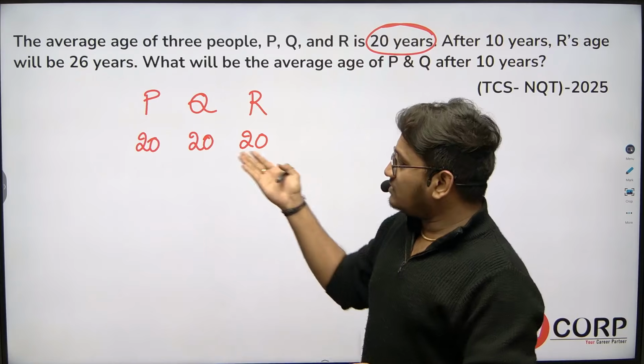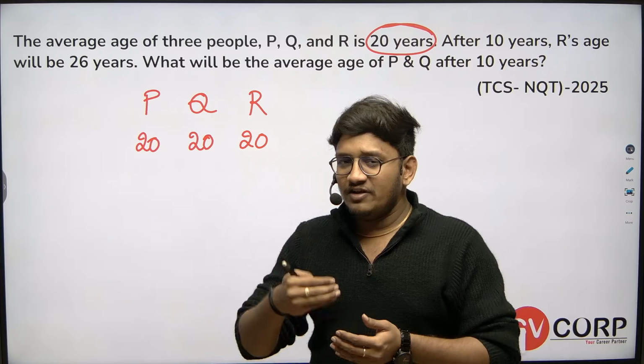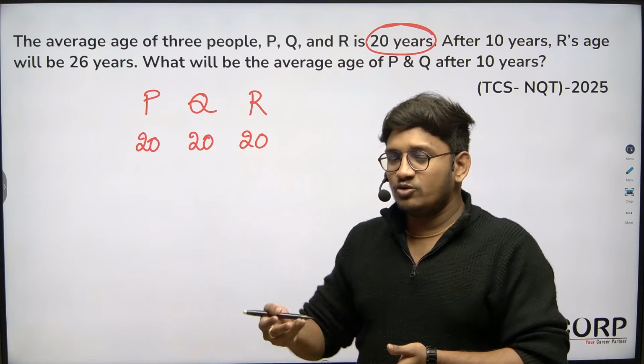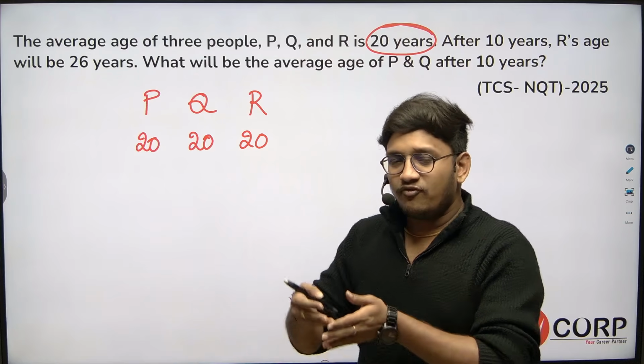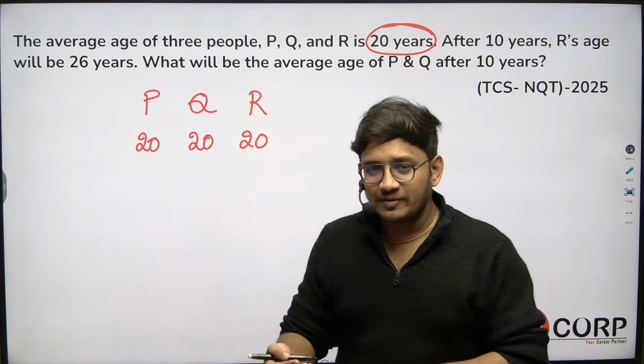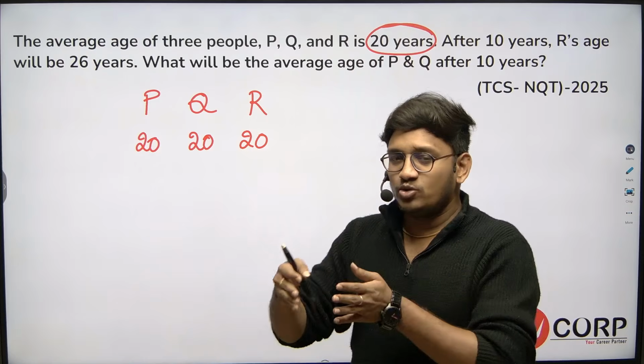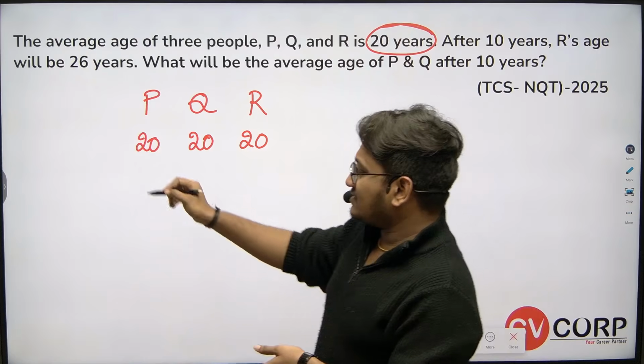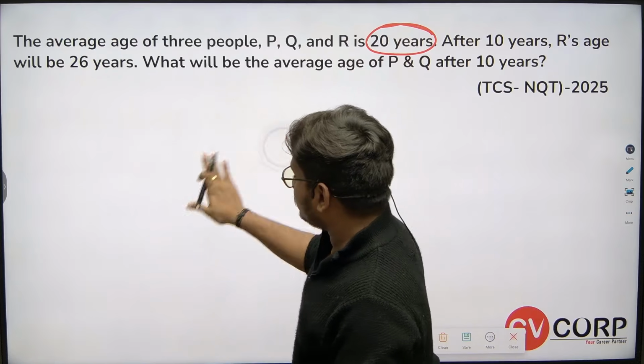Even if you add these values and divide by 3, the majority of the students will just apply the formula: average is equal to sum of observations by number of observations. Let's try to solve this question using that.